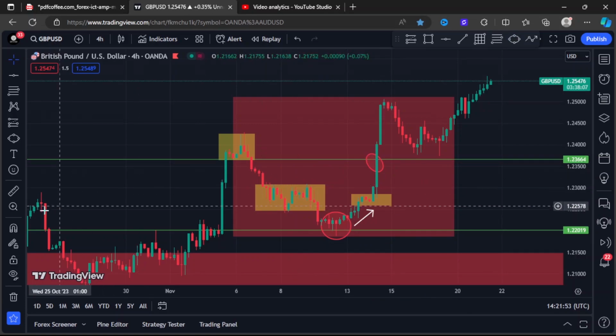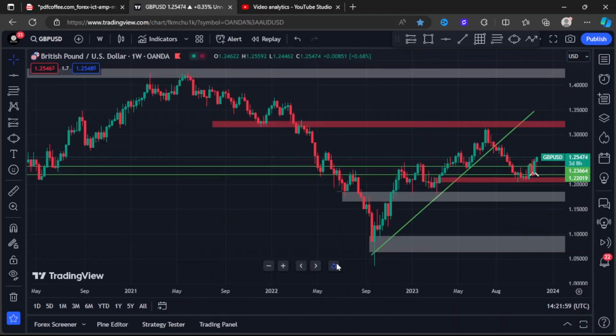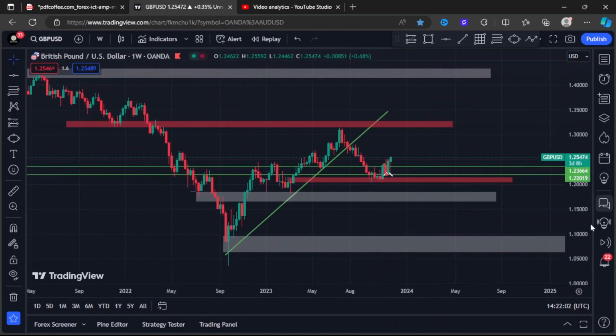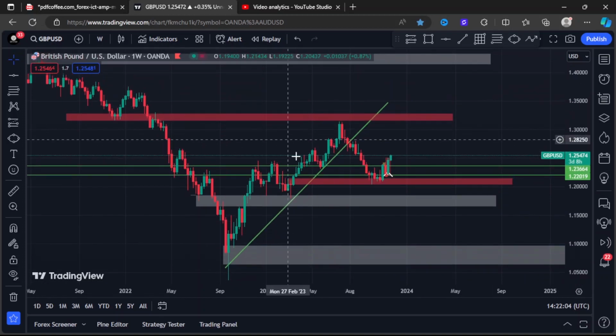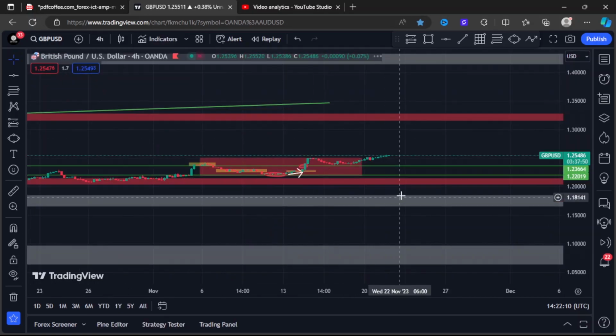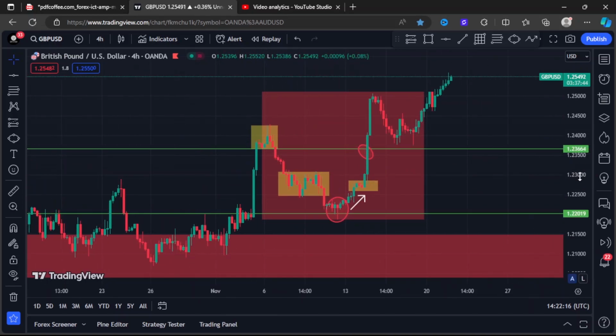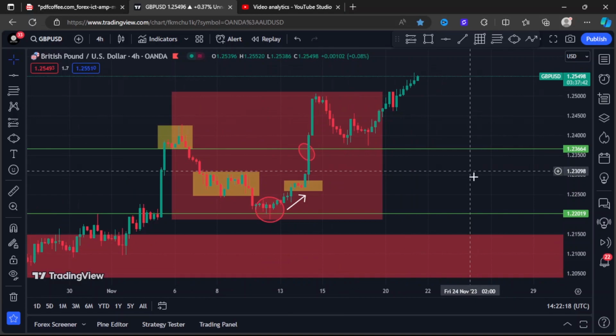But when we look at our higher time frame to see if it's a bullish movement, as we can see, it's a bullish movement. Then we anticipate that definitely the price will go above our opening price consolidation, which is our first accumulation phase.